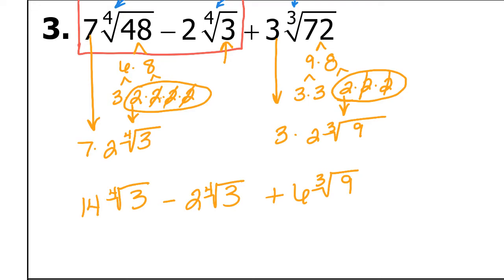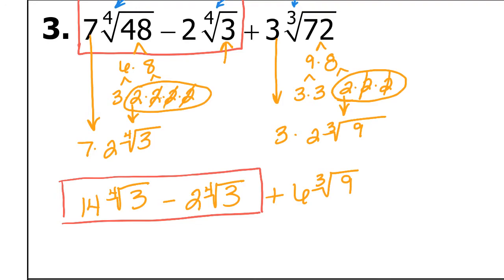Step 2 says identify radicals with the same index and the same radicand. So both of these first 2 terms share a radical with an index of 4. They also have a radicand of 3, meaning that they can combine.